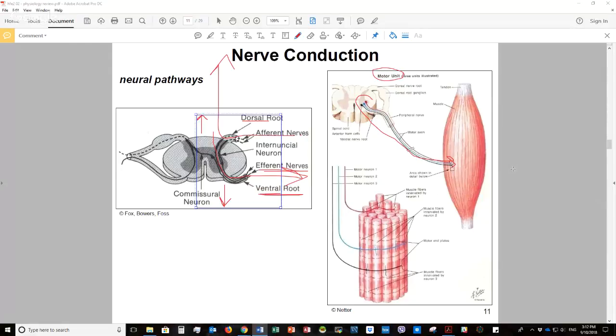So for fine movements where you just want to move just a little bit, that's where you're going to have motor units that only include 3 or 4 or 5 muscle fibers, whereas motor units, say to your glutes or your quads, they're probably going to innervate hundreds, maybe even up to 1,000 muscle fibers at once. So that when that neuron fires, that motor unit fires, then you've got a bunch of stuff going on all at once.